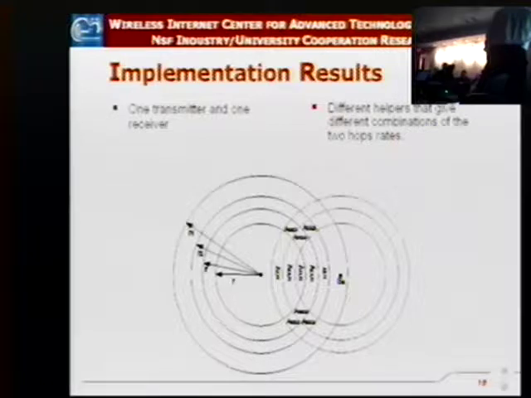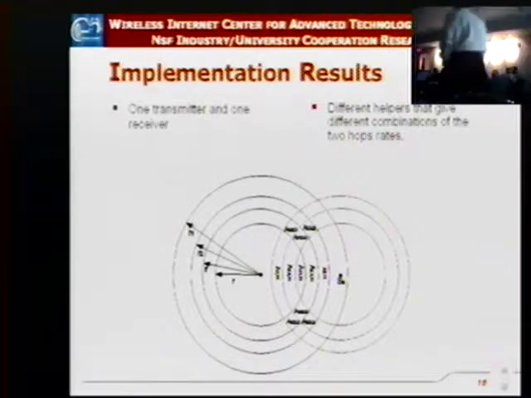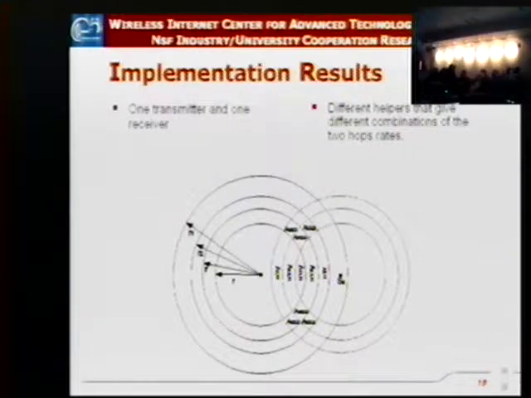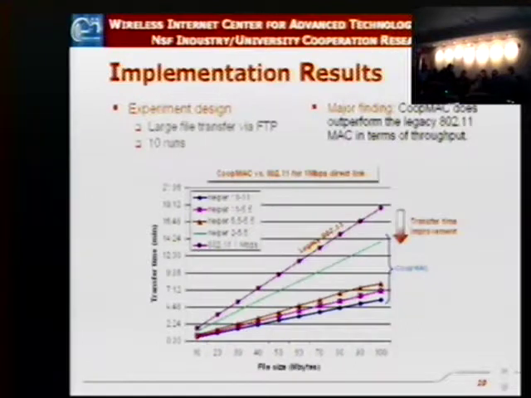Helper 5.5-11 means that one hop is 5.5 and the other hop is 11. So depending on the area where the helper is, it gives you different rates on the two hops. Of course, we forced the rates. We didn't walk around with the laptops to find the ideal spot.